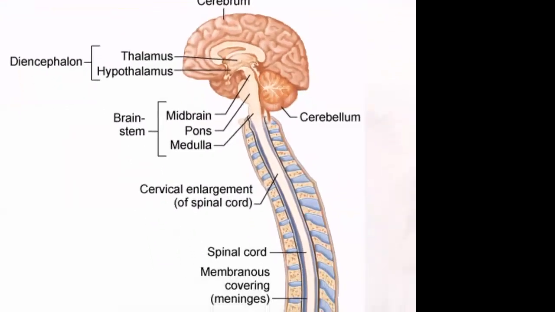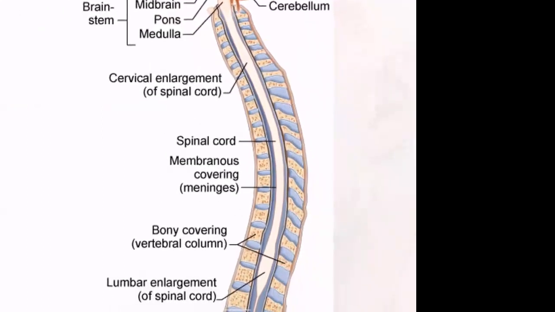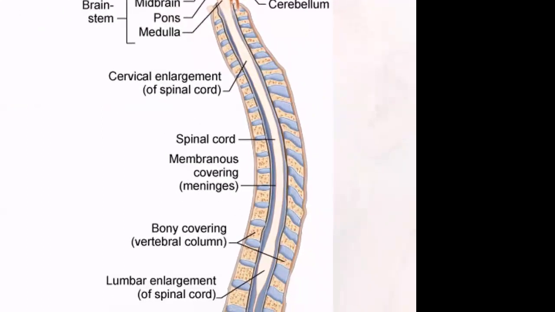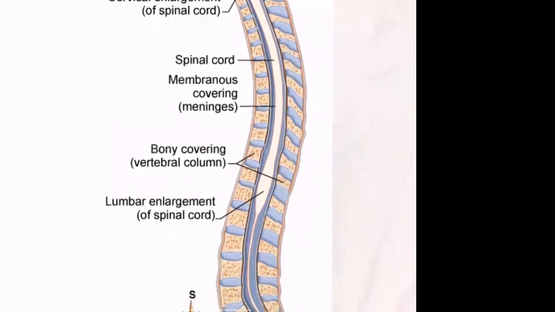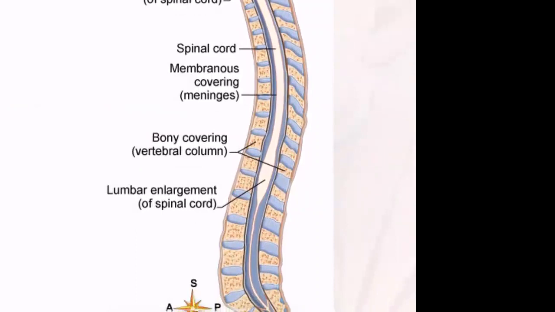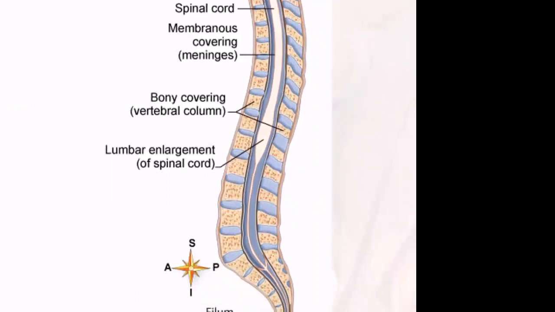And then the spinal cord travels down through the vertebrae. There's a hole in each vertebra. Of course, that hole is called the vertebral foramen, because foramen means hole. And it is surrounded all around by bone for protection until it gets down to just about lumbar vertebra number 1, L1.